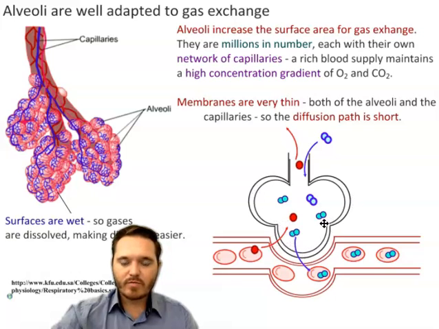These sort of round sac-like structures, and then we have the membrane that's just one cell thick, and then we have below it a capillary with red blood cells. The red blood cells are picking up the oxygen shown in the blue, and they are dropping off the CO2 into the alveoli, which would then be expired out. The oxygen was inspired into the alveoli.